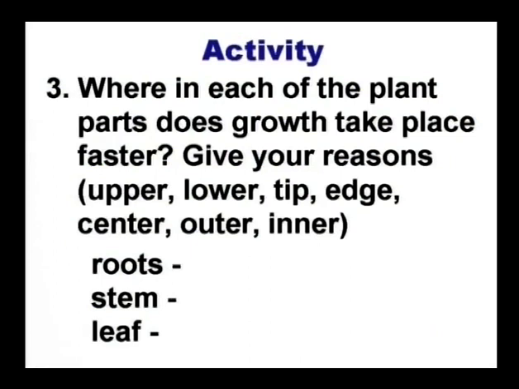All right, class, I'm sure you have completed copying the third activity which you will be doing as homework. So today's lesson we looked at the structure of the plant and its function.